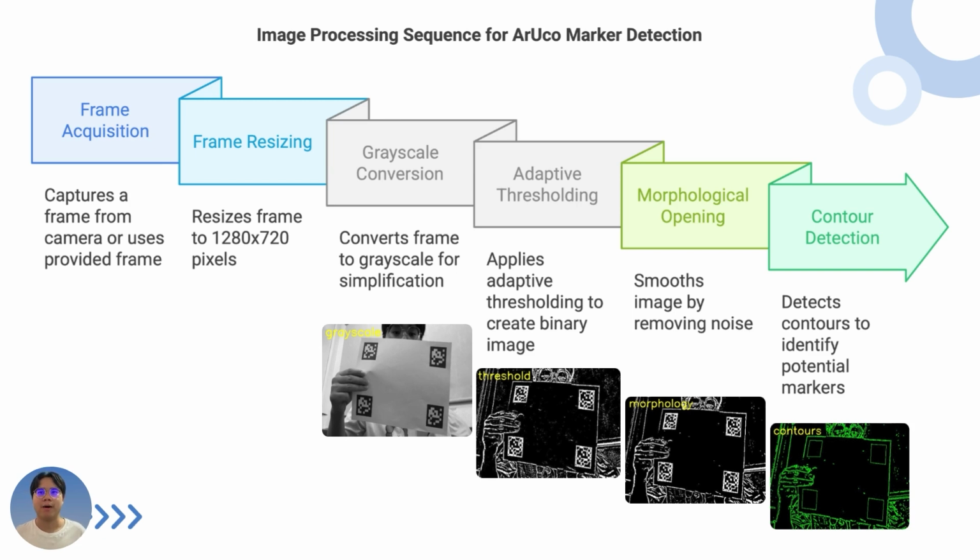Then we apply morphological opening to smooth the image. This reduces noise. You can see that there was some noise on the paper and then the noise is gone. And the last step is contour detection. As you can see, it can detect all the marker outlines to identify all the markers on the background of the paper.